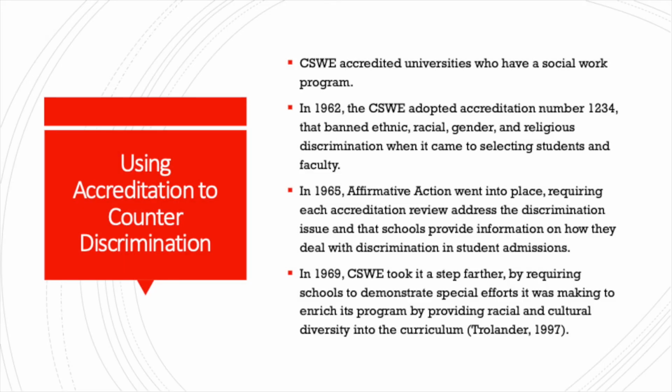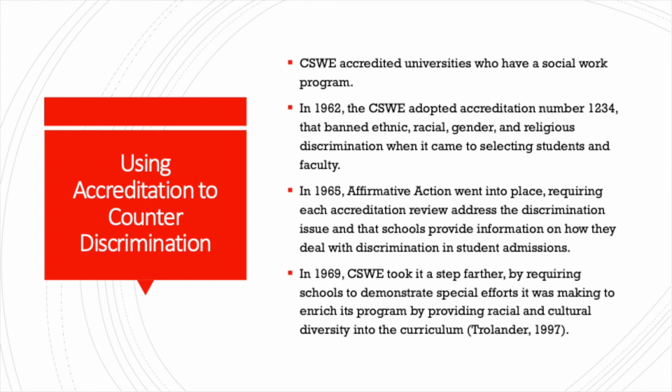So another way that this can be applied to social work is using accreditation to counter discrimination. So as most of us know, the CSWE is who accredits universities who have a social work program. In 1962, the CSWE adopted accreditation number 1234 that banned ethnic, racial, gender, and religious discrimination when it came to selecting students and faculty.